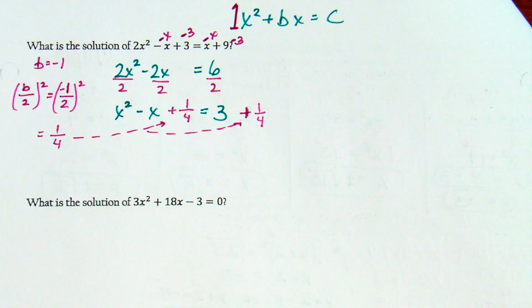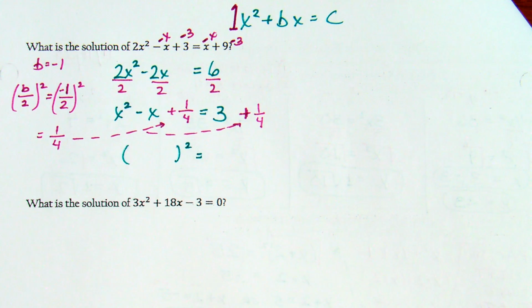What is step 3? And realize when I say these steps, I'm looking at the bottom of the front side where it says completing the square. Step 3, factor the left side. When we factor the left, remember it factors into parentheses squared. Every time it will factor into parentheses squared.